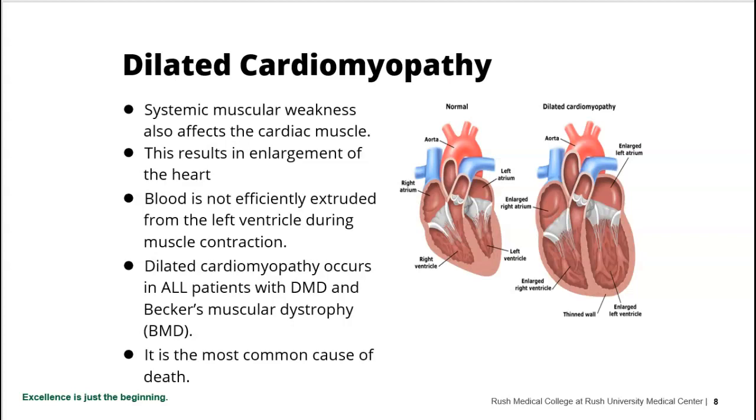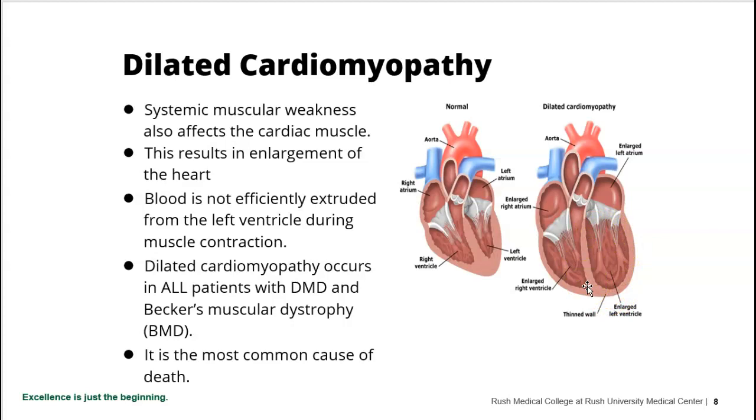So let's now go to the heart. As I said, the heart is the most important muscle in our body, and patients with Duchenne muscular dystrophy have dilated cardiomyopathy. Cardiomyopathy is defined as enlargement of the heart, and usually it's thickness in the left ventricle, which is called hypertrophic cardiomyopathy. But in dilated, the whole heart is big like a balloon, because of the muscle weakness, which does not allow the left ventricle to contract the way it should.